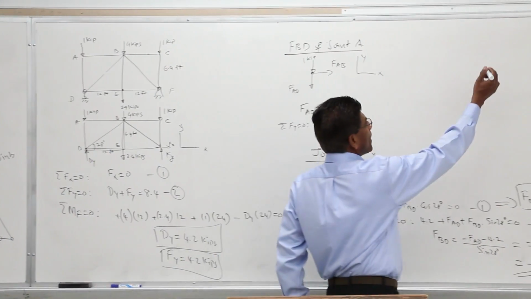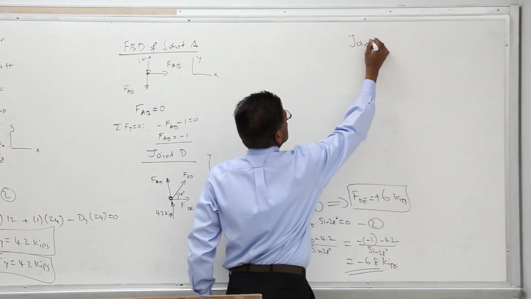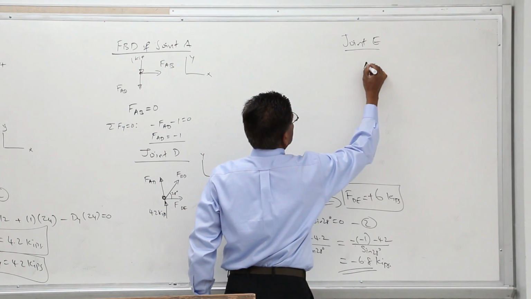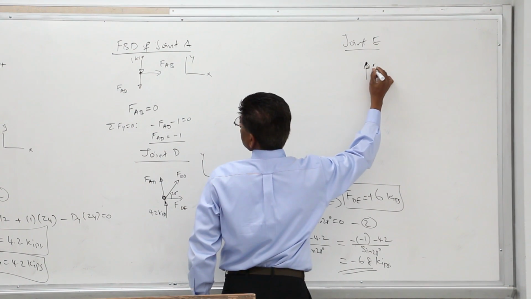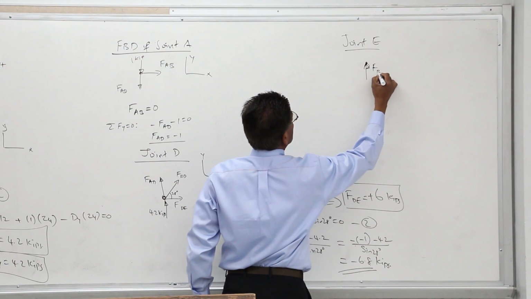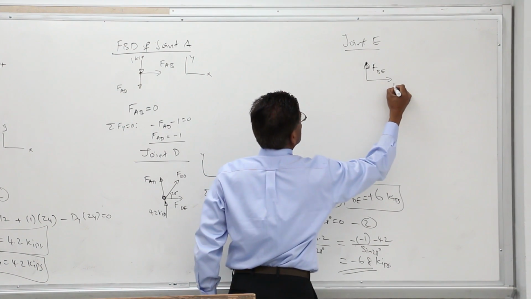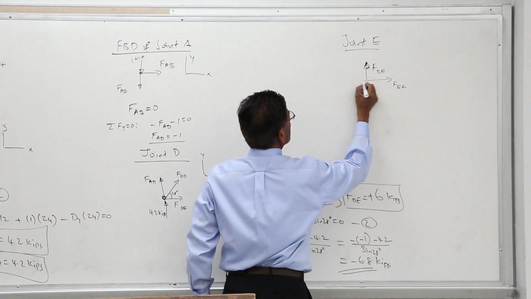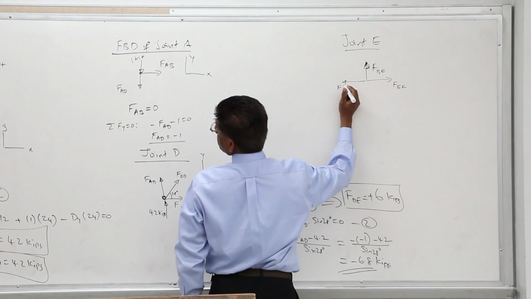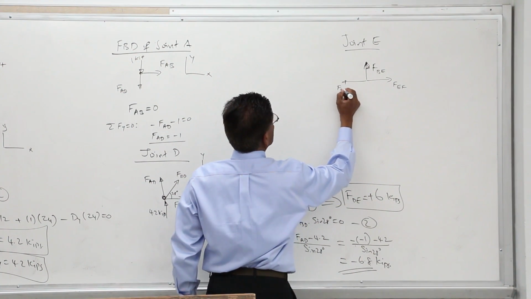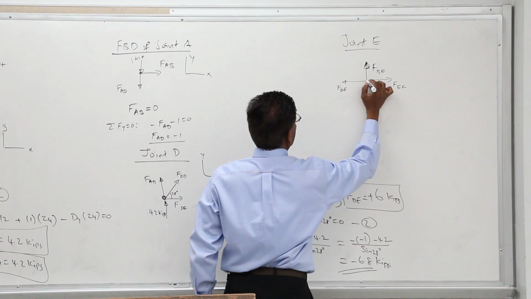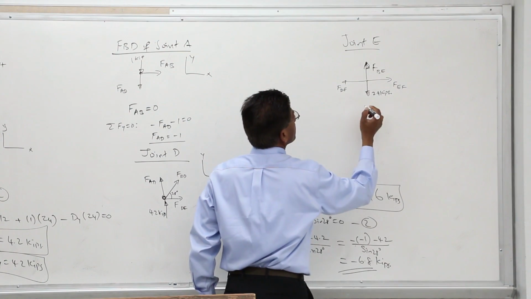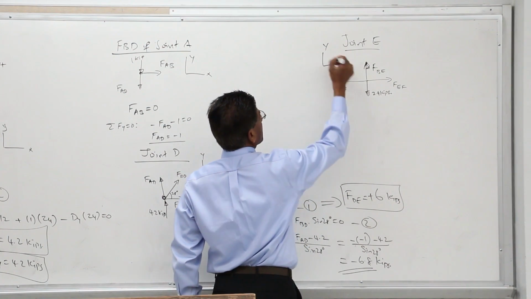So let's draw a free body diagram of joint E. And joint E will have 3 members coming in, F sub BE, and this will be your F sub EF. This is your F sub DE, and there is an applied load 2.4 kips. And that's my free body diagram.